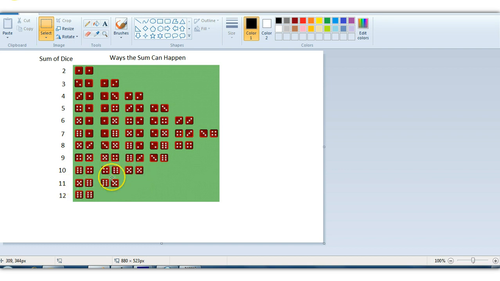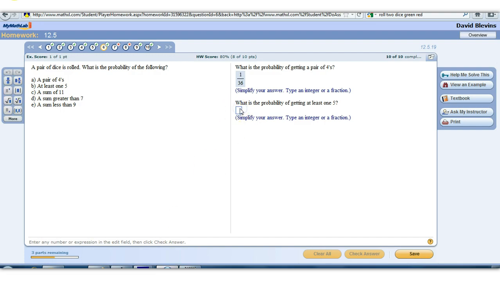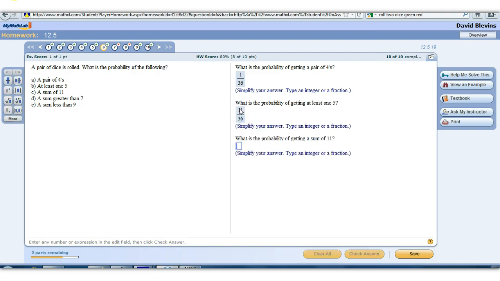Those are all at least 1 5. Exactly 1 5, and then this one had 2 in it. So that's 1, 2, 3, 4, 5, 6, 7, 8, 9, 10, 11. So 11 out of the 36 have at least 1 5 show up in there. So that's 11 out of 36.